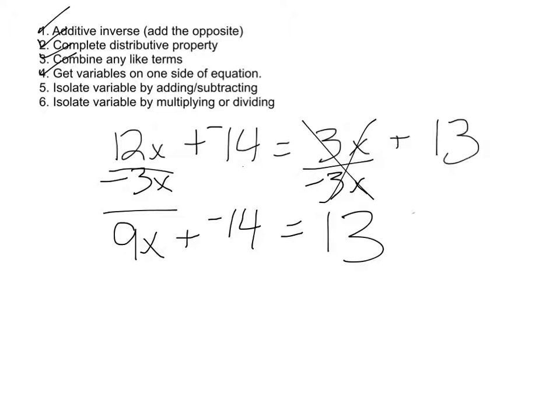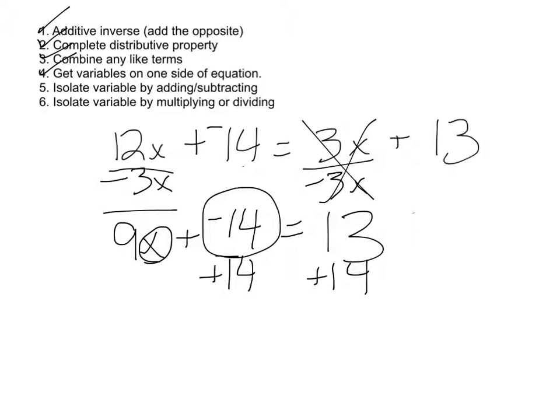Done. Step 5, isolate the variable by adding and subtracting. Okay, well, we want to isolate this variable, so we're going to add or subtract to cancel out this negative 14. And what we would do is add 14 to cancel out the negative 14.